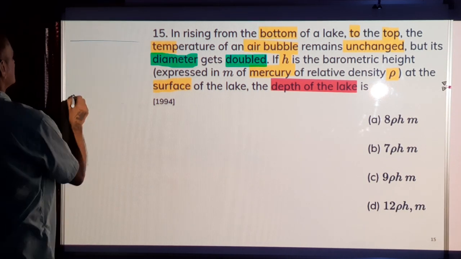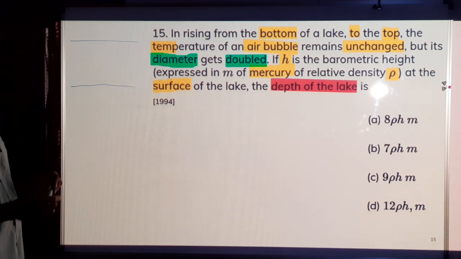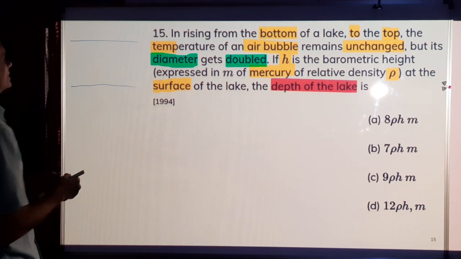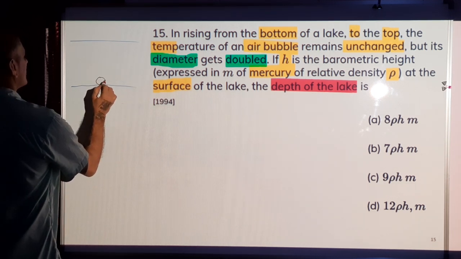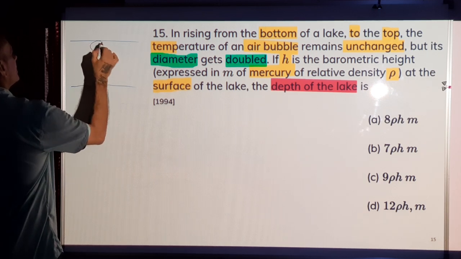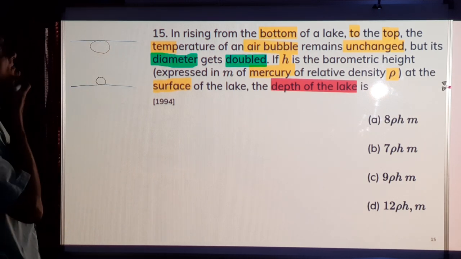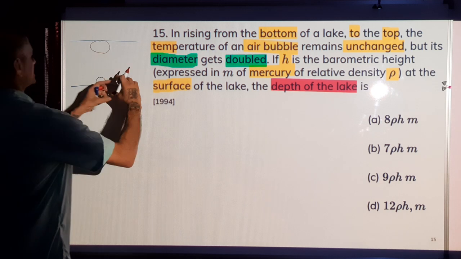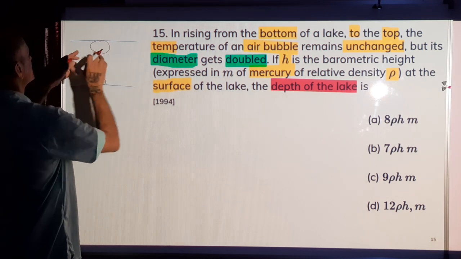So this is the lake surface, and this is the bottom of the lake. Air bubble here, when it comes up, the volume will increase because here the compression is more because the pressure is more. Here the pressure is less, so it will expand.